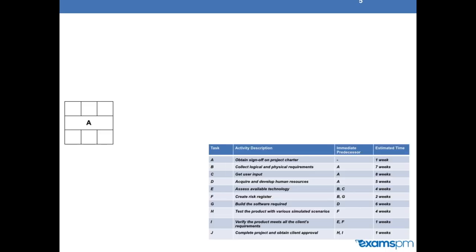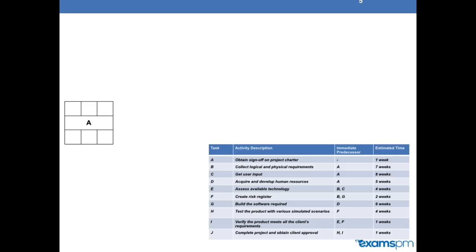So as it applies to our project, we would start off with our first task, which is task A, and we would draw it on our chart with our grid. Right now we don't have anything filled in because we don't have any information yet. Our first task is just to draw all the relationships between all the tasks.